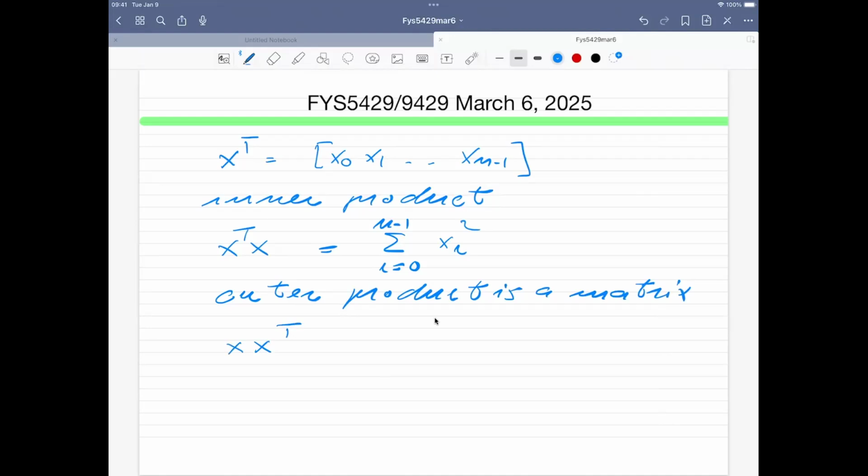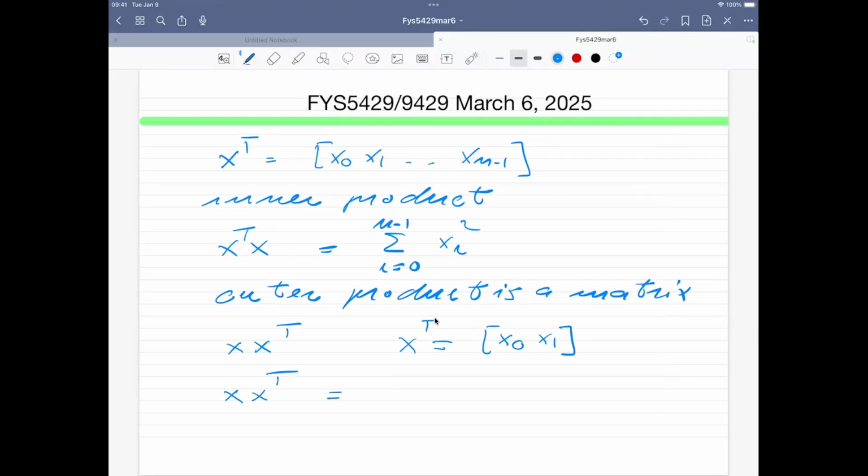You can quickly see that if you do a simple example where this vector is given by, let's say, x0 and x1, then the outer product becomes a 2 by 2 matrix.